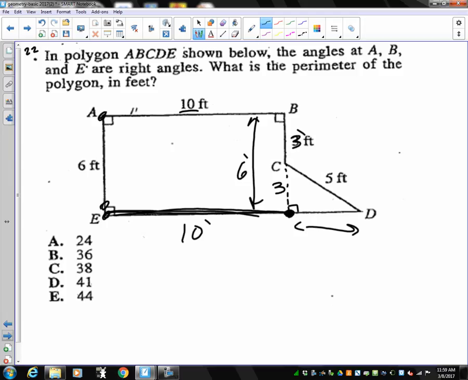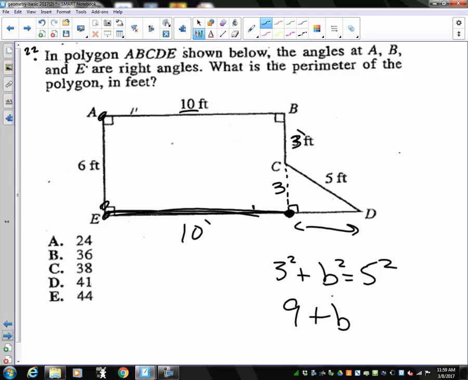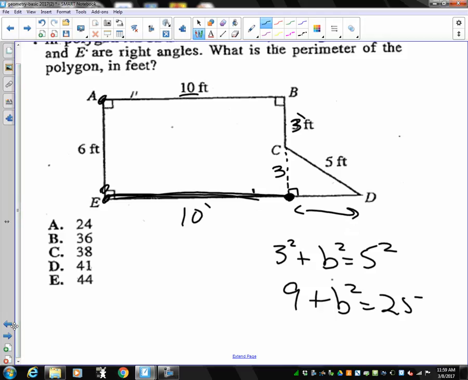And what I can do there is use the Pythagorean theorem to find that missing side. So we can say 3 squared plus b squared equals 5 squared. So we get 9 plus b squared is 25. We'll subtract 9, which is 16. So this side right there is 4.